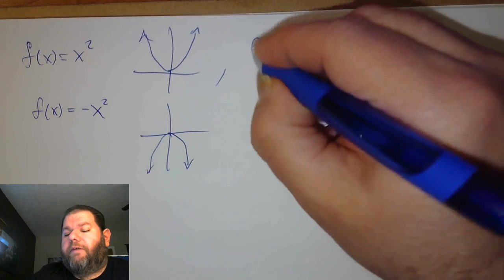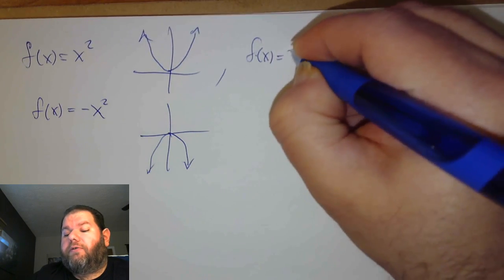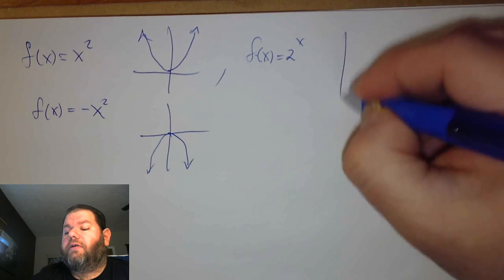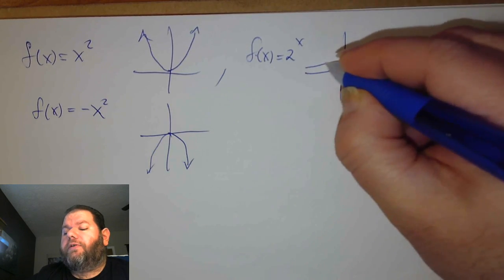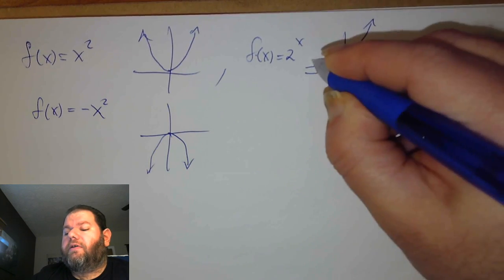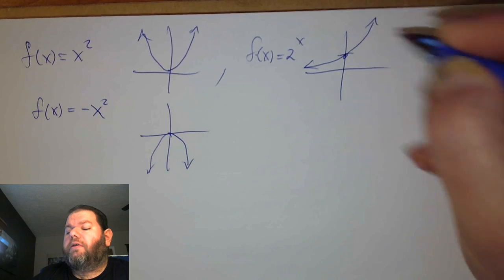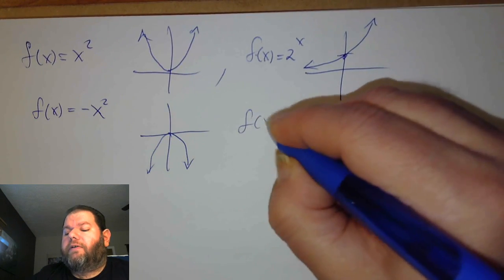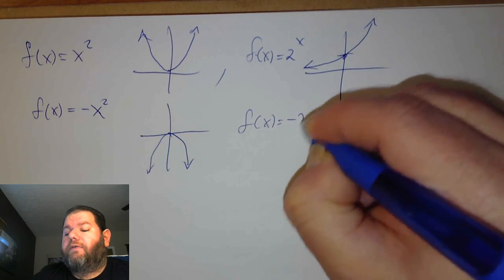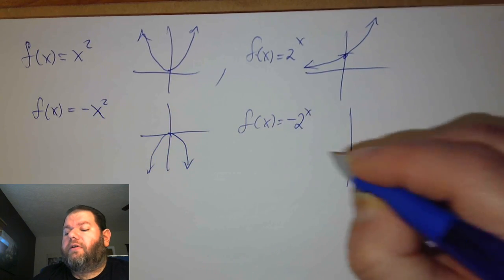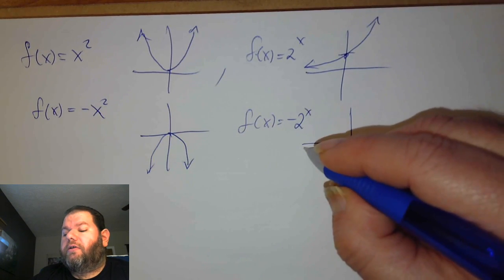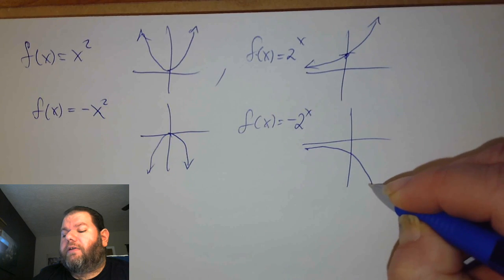So if we have f of x equals 2 to the x, which looks like this, then f of x equals negative 2 to the x looks like this.